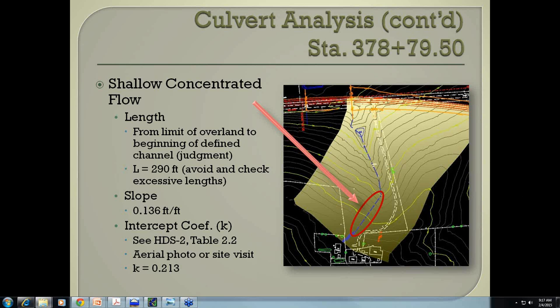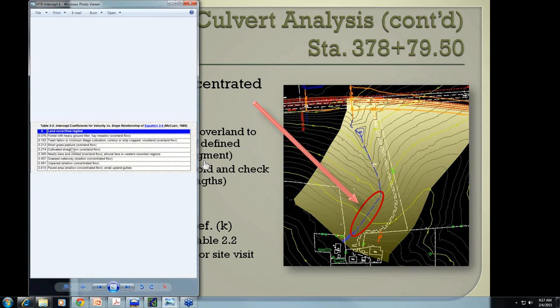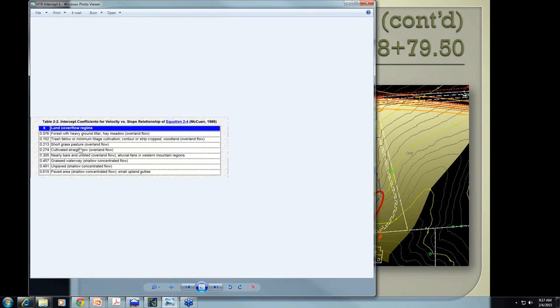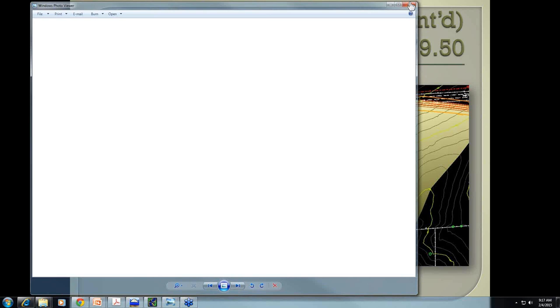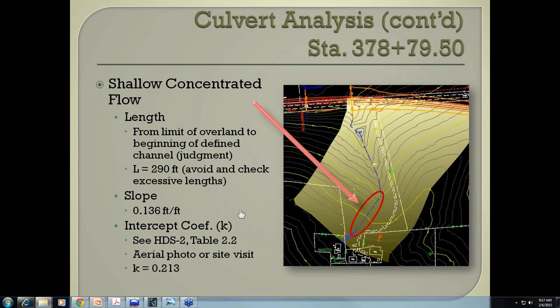There's the intercept; that's a small example, but there you go. We ended up using 0.213 as a short grass pasture. Again, all this can be found in the HDS2 table, and I believe this might be in our drainage manual.